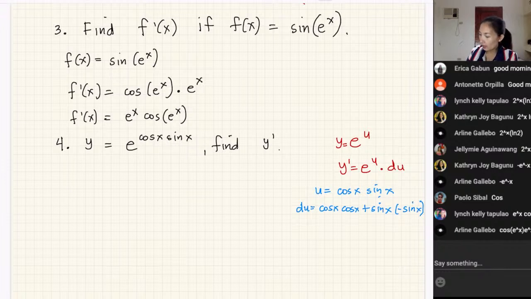So let's continue further. Du will now be cosine squared x minus sine squared x.